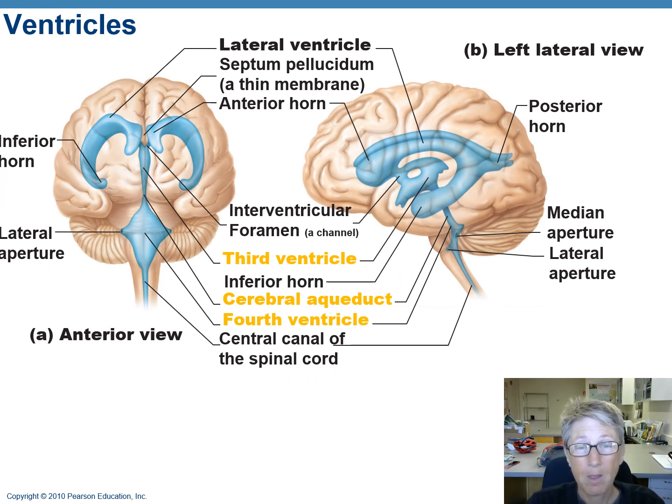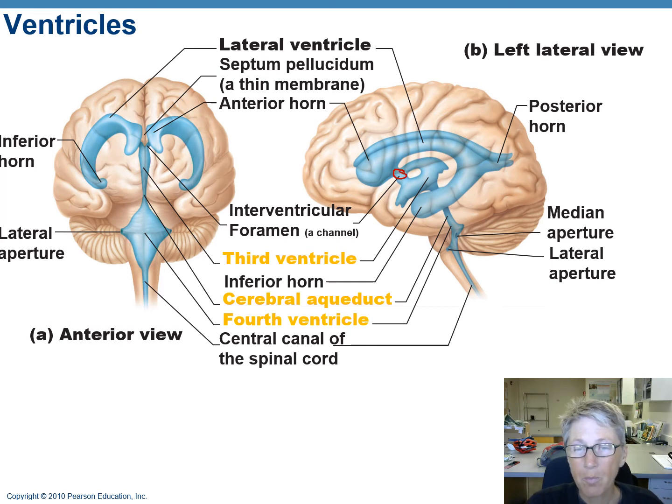There are lots of other terms associated with the ventricles, but it's important to note that if you are cerebrospinal fluid and you want to get from the lateral ventricles to the third ventricle, you have to go through this interventricular foramen.